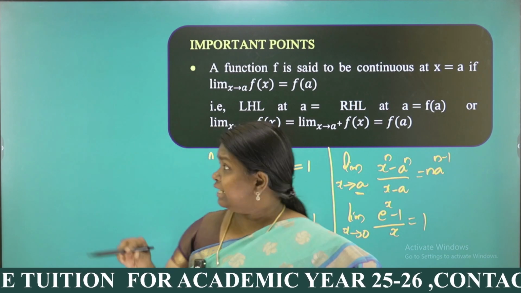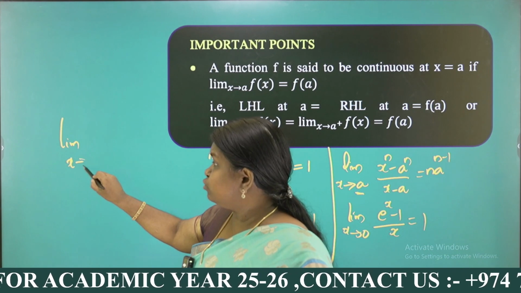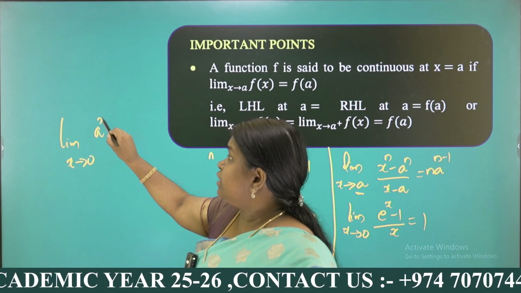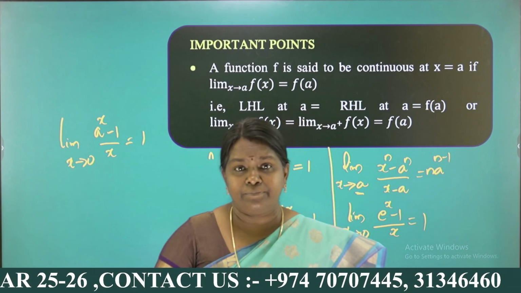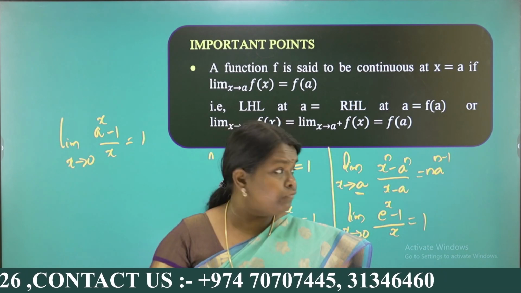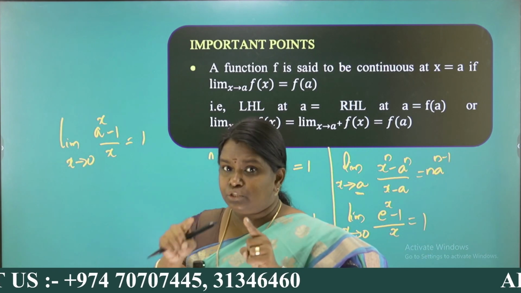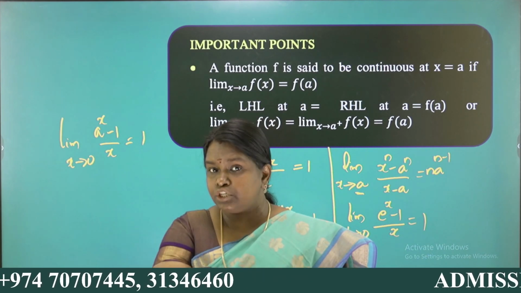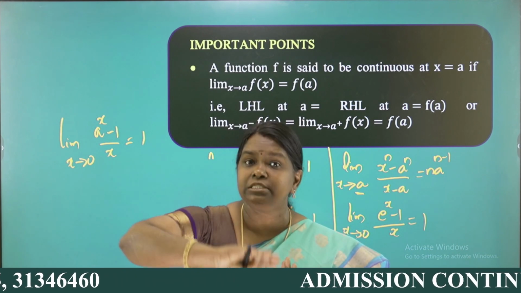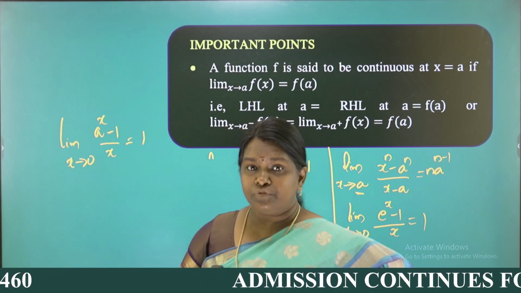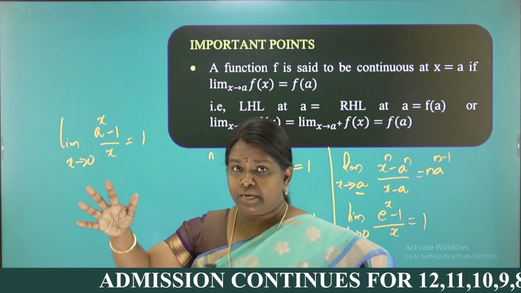Limit x tending to 0, a power x minus 1 by x is also equal to 1. That's the generalized version of the same. If e is equal to a, you have studied about exponential function and power function. Here I can put a value as any real number, right?